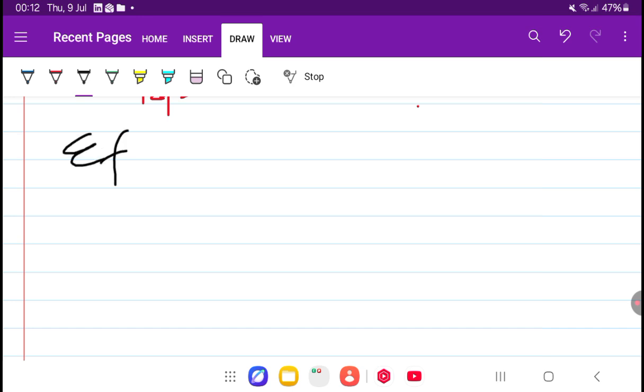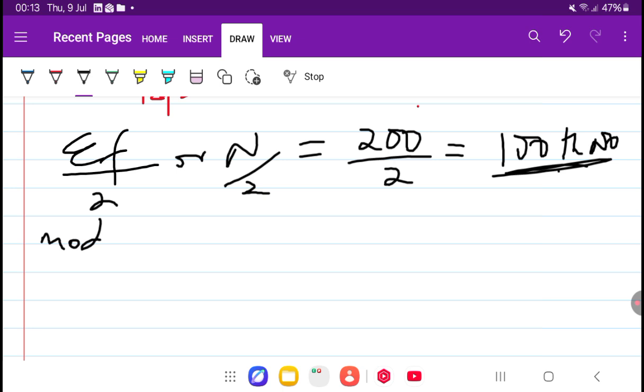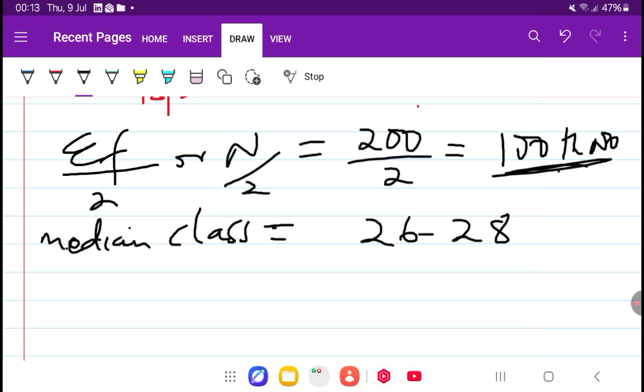So we compute our summation f over 2, or n over 2, which was 200 divided by 2. That gave us the 100th number. So we checked this and we have gotten the median class as 26 to 28. So we substitute into our formula.